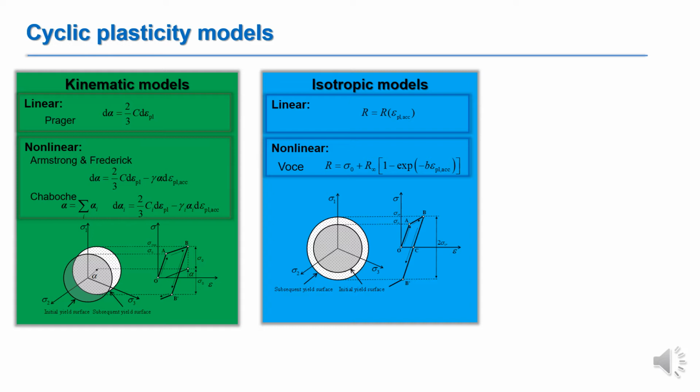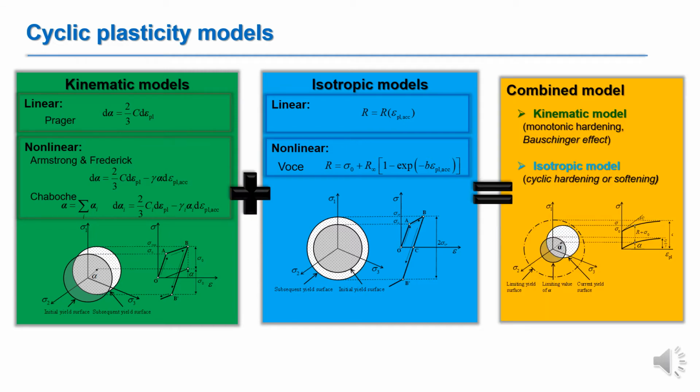On the other hand, isotropic models assume that the center of the yield surface remains at the origin and it expands homothetically in size as plastic strain develops. Also in isotropic models, we can distinguish linear and nonlinear models.